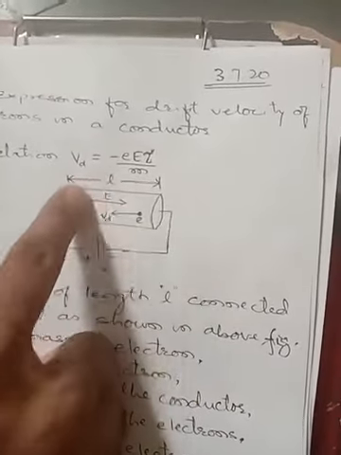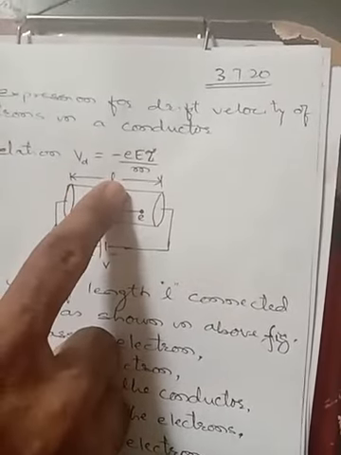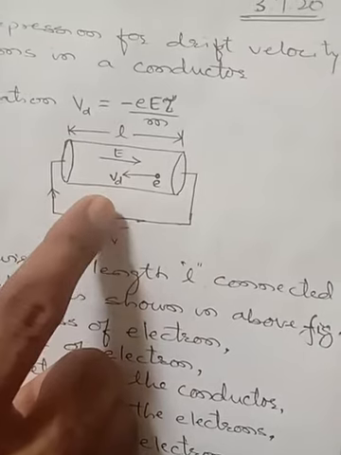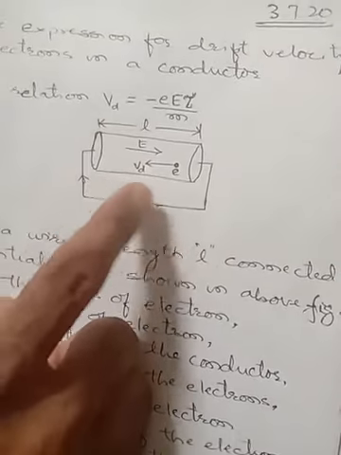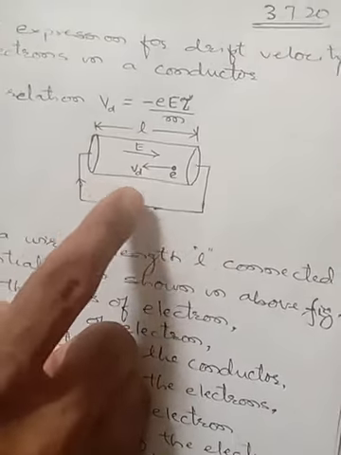So this diagram you have to draw. And if I say that the total length of the wire is L, everybody has to keep note that the diagram has to be clear, and in that diagram the direction of current, direction of electric field and direction of drift velocity are to be mentioned properly. If these things are mentioned properly, then only you will get full marks for this. If directions are not given, then you will not get the marks.